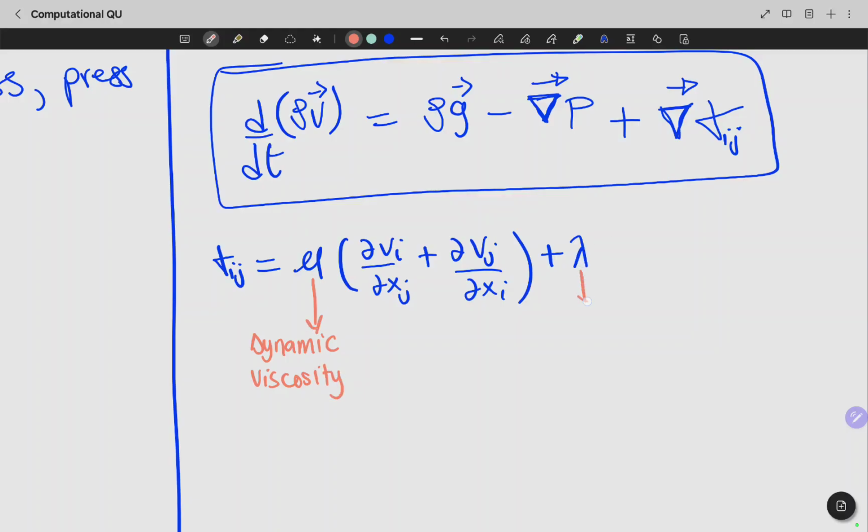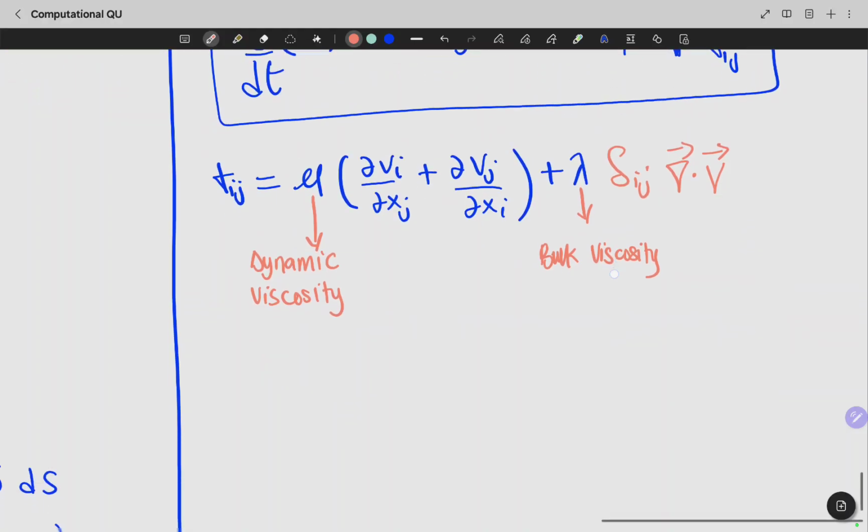This is the bulk viscosity, or the volume viscosity, or they call it second viscosity. Anyways, it's also a viscosity term. Bulk viscosity. Kronecker delta ij, we know what this guy does, and the divergence of v.